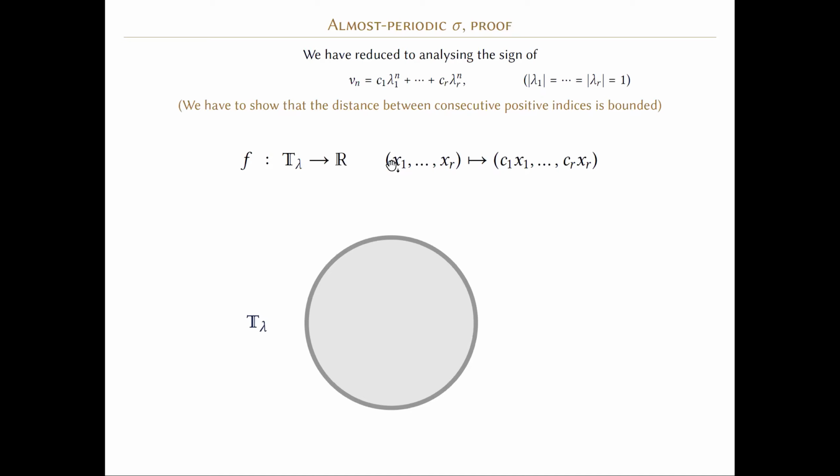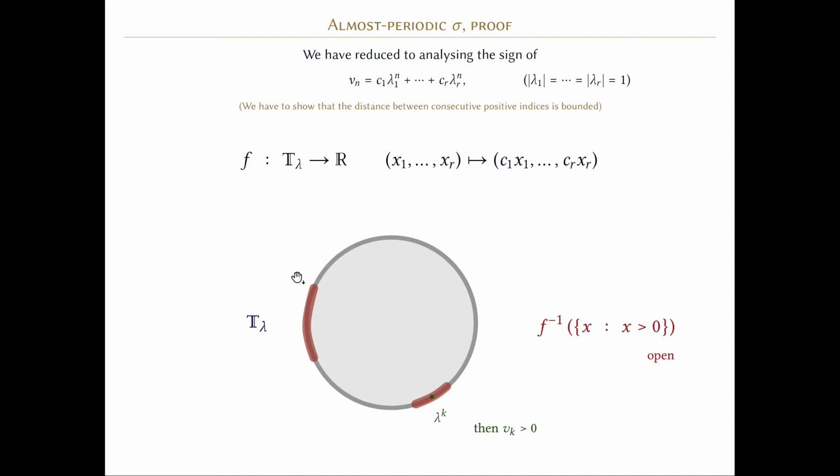Recall that we want to show that the distance between positive indices is bounded. So let's define this subset of T lambda. It is the set of all powers of lambdas such that when we apply F, we obtain a positive number. So if the powers of lambdas land in this red set, then the value of the sequence that we obtain is going to be positive.